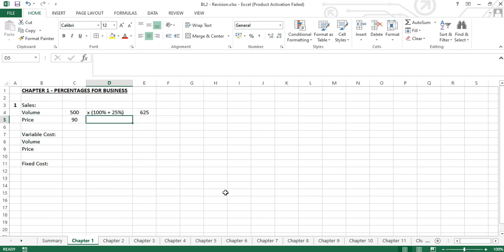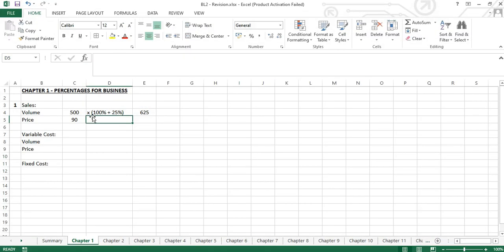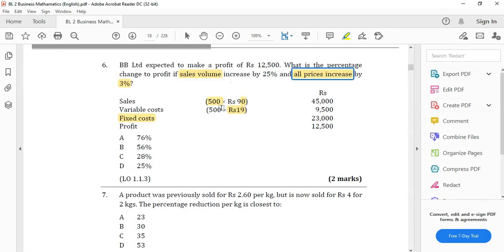The price also they say that it is increased and not decreased. Hence, we can multiply by the addition to 100%, which is the addition of 3%, which will give us 92.7 rupees.